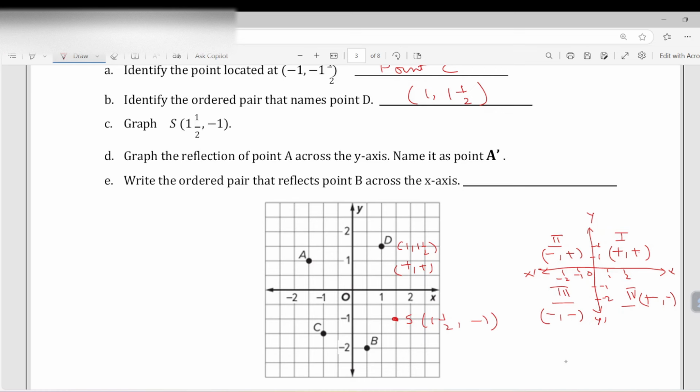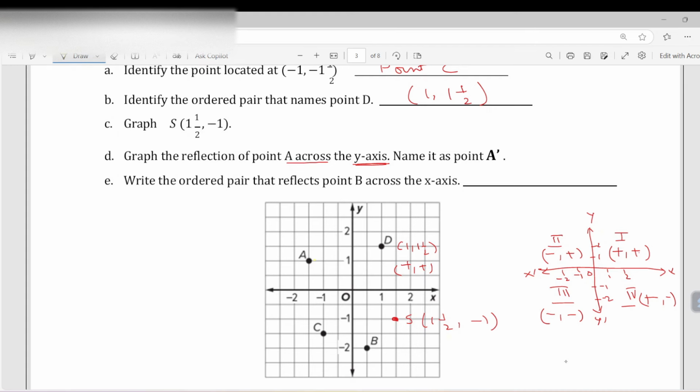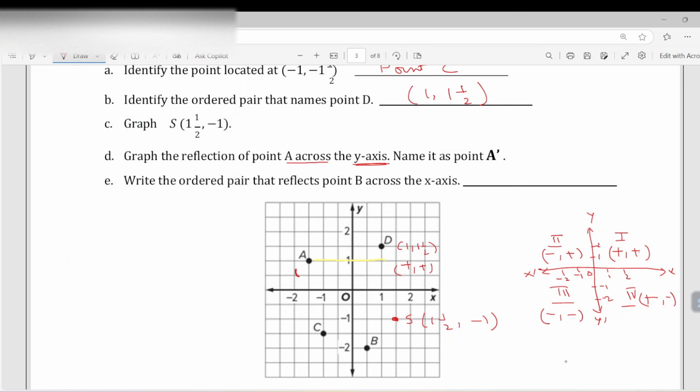Now, the problem is graph the reflection of the point A along y-axis. Along y-axis, see here, this is the thing we have to do. So from here, our point is going from here. So what are the coordinates of this point? X is minus 1.5 and Y is 1.